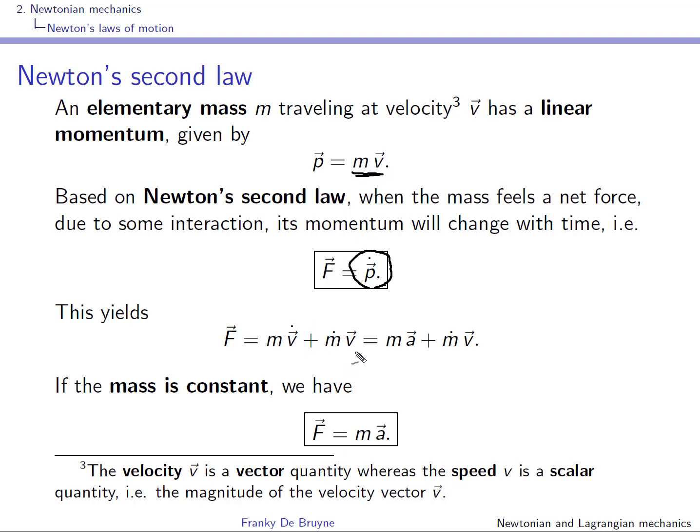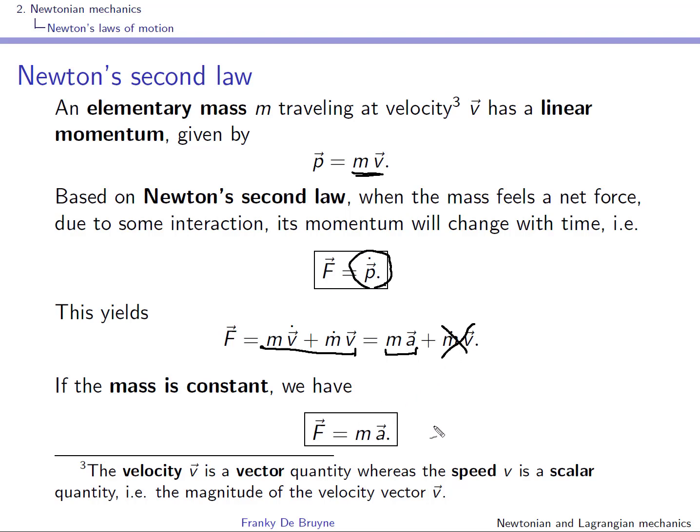So if you take the derivatives, you will have two terms, one involving the derivative of velocity. This will give you mass times acceleration vector, but you also have a term that is related to the variation of the mass. In lots of applications, but not all, this term is zero because the mass is constant.